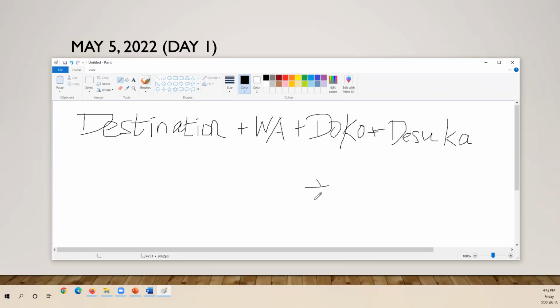Doko is what we just saw. The kanji is this, and do, we just learned about it. For do you have to put this, and then you have to do this, and then you have to do this. Doko, and then ko is this, and for ko you actually need to do this. I think. And then desu ka.